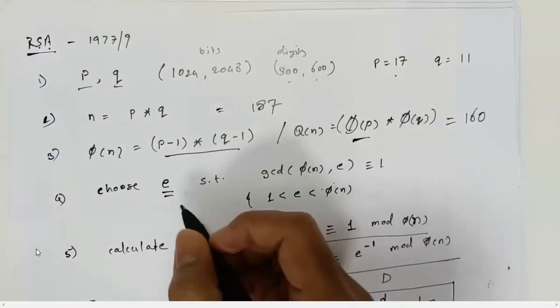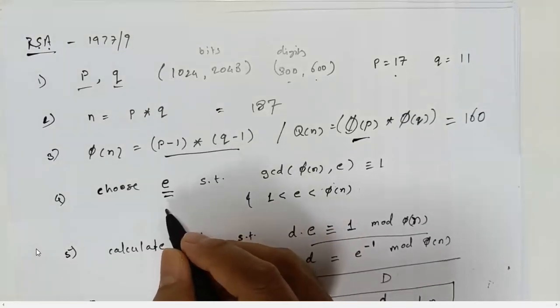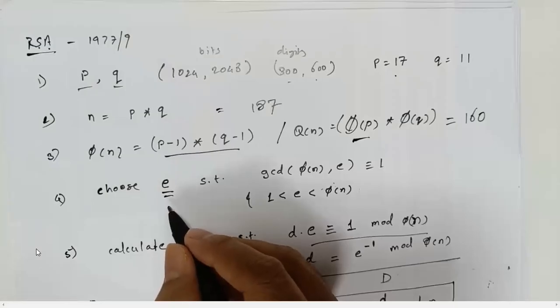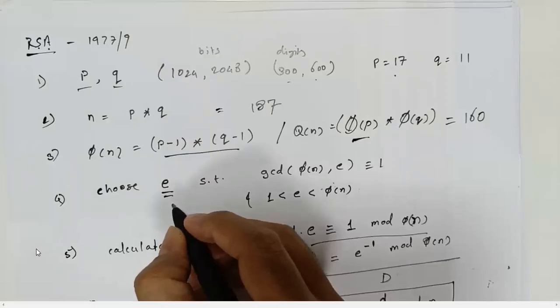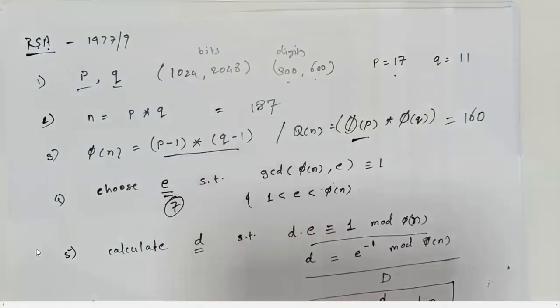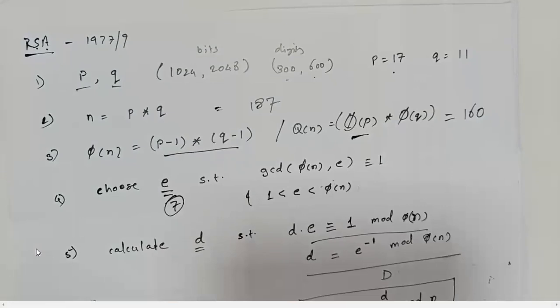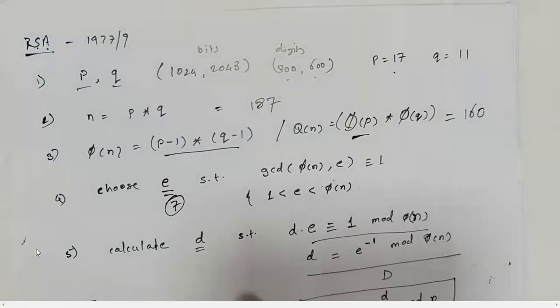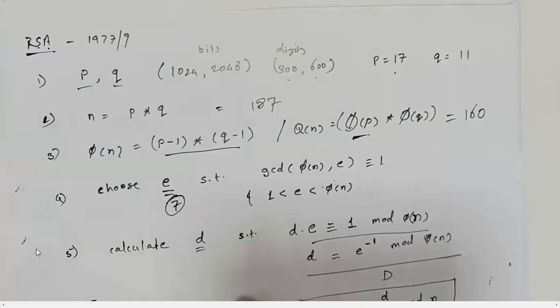Now here, fourth step, let us choose E as 7. I'm giving you the number 7, but you can consider any number for that matter.